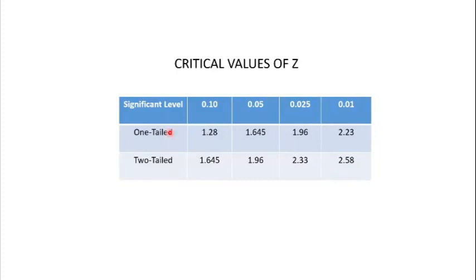Okay, so itong value na to, lahat na to, is gagamitin natin. Kasi for equivalent to ng value natin sa Z distribution, kapag nag-solve na tayo ng Z distribution, kapag ang given natin is based sa significant level at kung anong type of test siya, one-tailed or either two-tailed test.